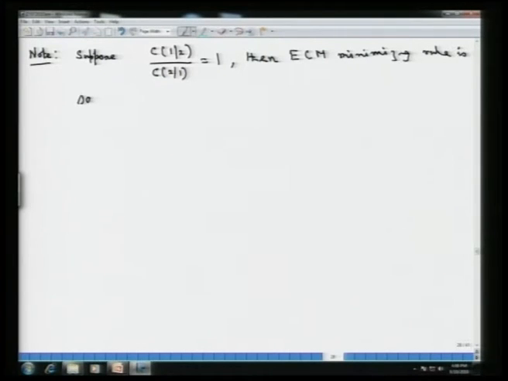Suppose we have this ratio C 1 given 2 by C 2 given 1 equal to 1, then the ECM minimizing rule is the same as that of the TPM minimizing rule.